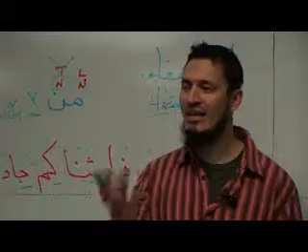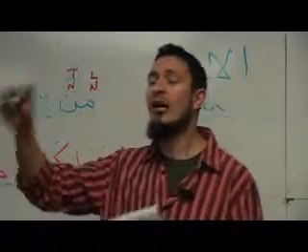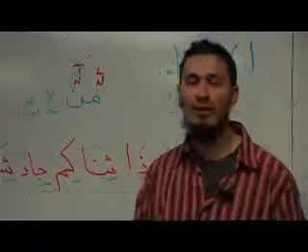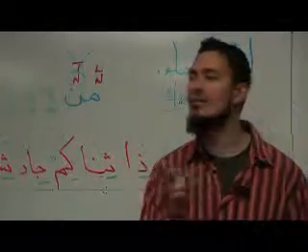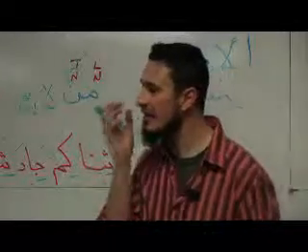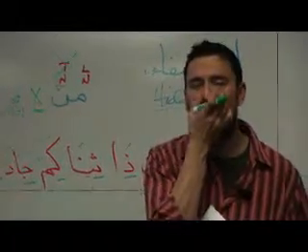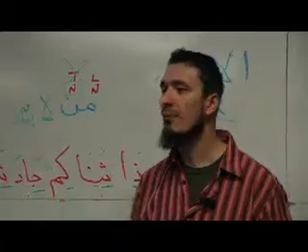The noon, when you say this, the ghunna goes all the way back to the exit of the qaf. Min qabl. Versus, look how simply ta comes out. Ta. Min taht. The nasalization comes more forward in your nose. It resonates right over the bones of your teeth. Min taht. Min qabl.